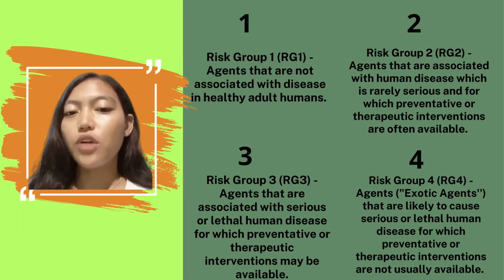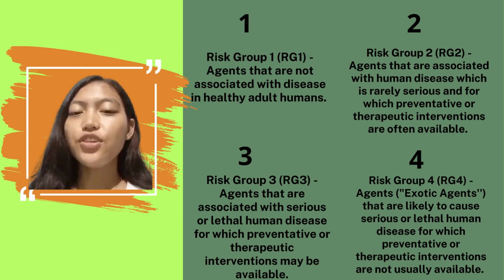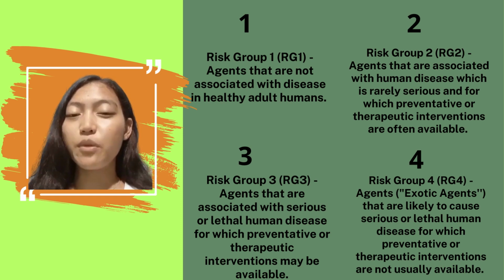Risk Group 2 or RG2. Agents that are associated with human disease which is rarely serious, for which preventative or therapeutic interventions are often available. These agents represent moderate risk to an individual but a low risk to the community.